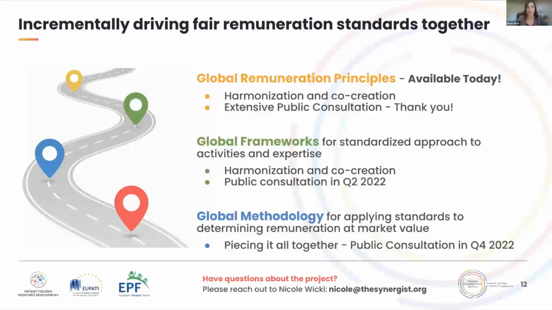So what does that look like procedurally? Building these pieces together, having really effective public consultation on these things will develop those standards so that we can all work together to drive change and have more transparency, more equity in the way that we are approaching remuneration for these interactions. So stay tuned for upcoming public consultations on all of those elements.